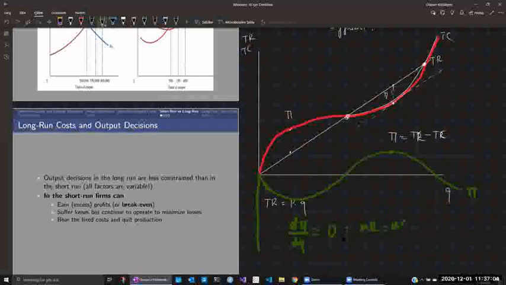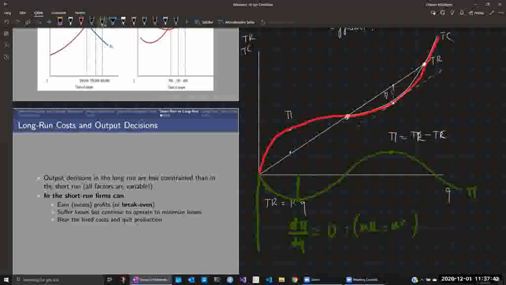But in this graph, how many points are there that satisfy this condition? One is here and one is here, correct? But only one actually maximizes profit. What does the other one do? Yes, it minimizes profit, right? It maximizes the losses.